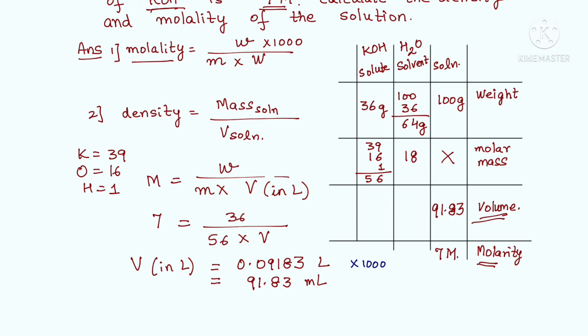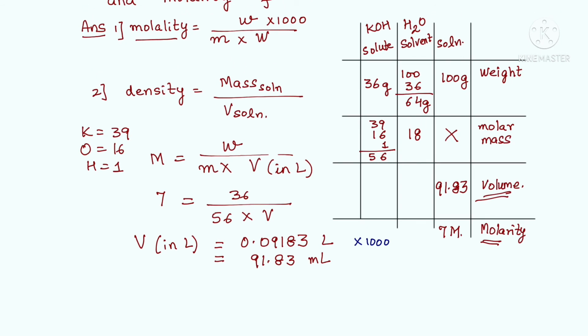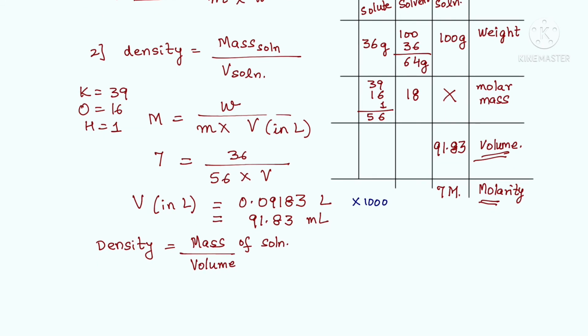So now the density of the solution, you can find it easily, correct? Density is given by mass per unit volume, so mass of the solution divided by volume of solution. You see, the tabulation of the data removes any confusion that you may have.